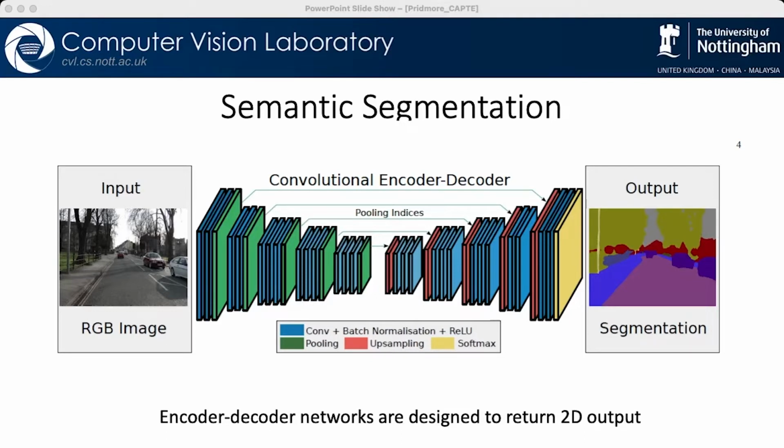And you end up with a very compact representation of the image in the middle of that diagram, in terms of the output of a bunch of filters. What you can then do is reverse that process, upscale the image, expand it, fill in the gaps successively until you get an output that's the same size as the input. And if your system has been given the right amount of data and has learnt it properly, it will have learnt a mapping from the input image to the output segmentation.